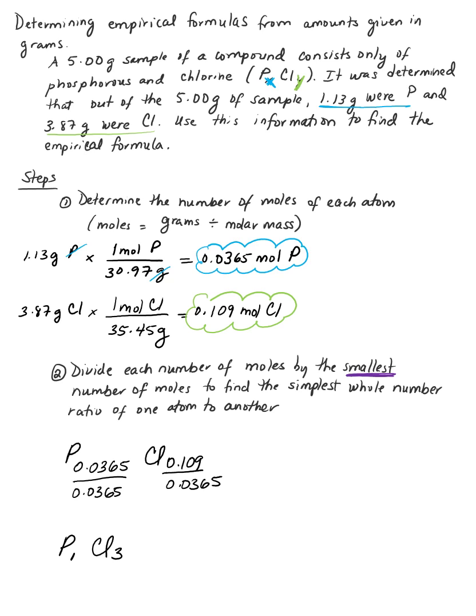In those cases, you have to multiply your formula by a factor until you get a whole number or something that is close enough to a whole number that you can round it. So this right here is the empirical formula for this compound containing phosphorus and chlorine.